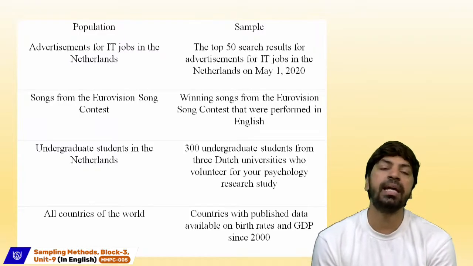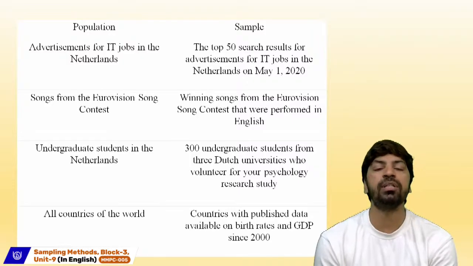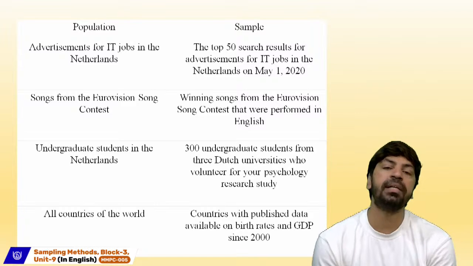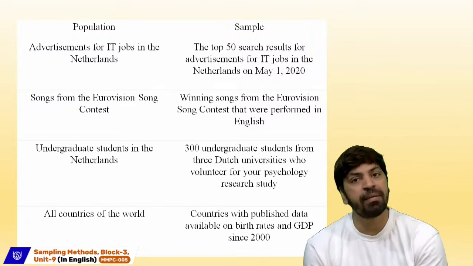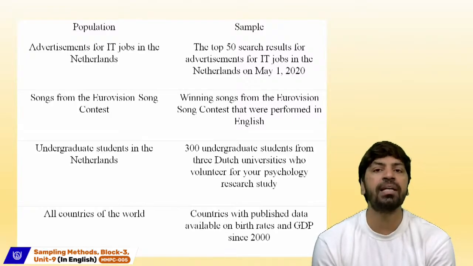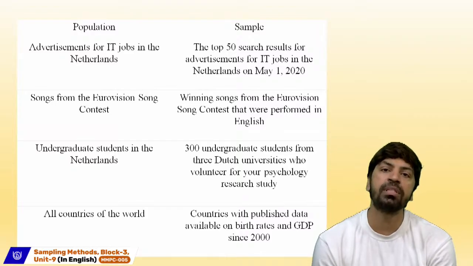These are examples of the population and the sample. The population is the advertisements for IT jobs in the Netherlands. So what would be the sample? The top 50 search results for advertisements for IT jobs in the Netherlands on 1st May 2020.